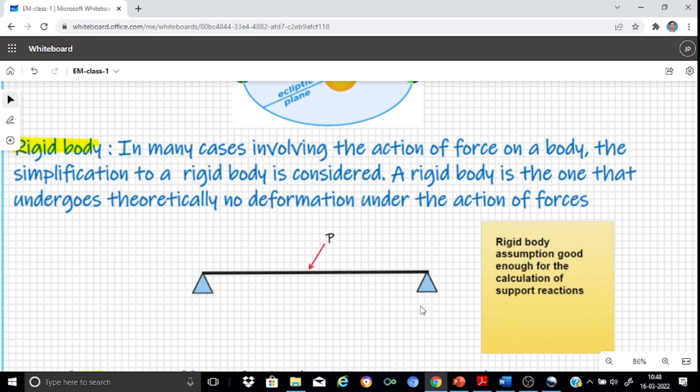Look here. I have a simply supported beam that is subjected to an arbitrary load P. Here I go for the rigid body idealization for the calculation of support reactions. This is what I have mentioned in this note: the rigid body assumption in this case is good enough only for the calculation of the support reactions. On the other hand, if I am interested in calculating the deflection at this point, I cannot go for this idealization, because in that case my body is a deformable body.